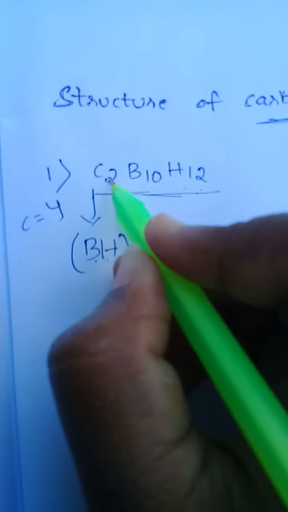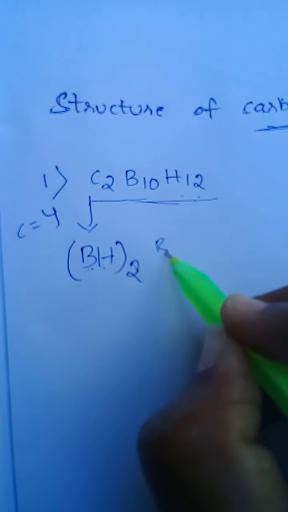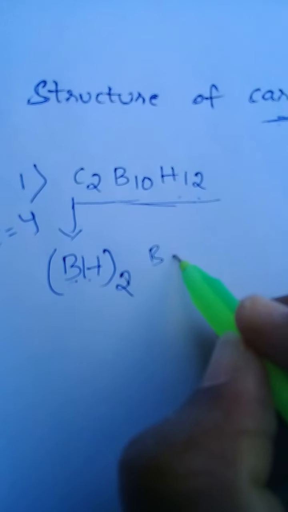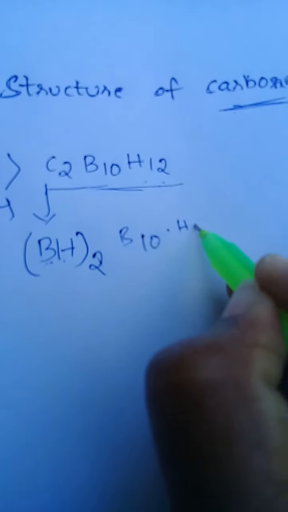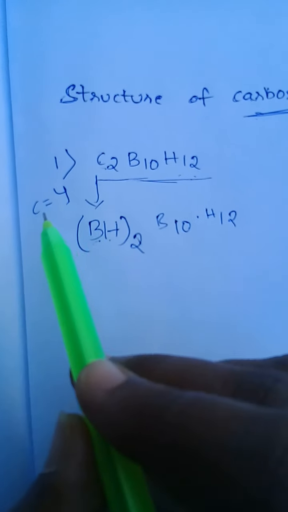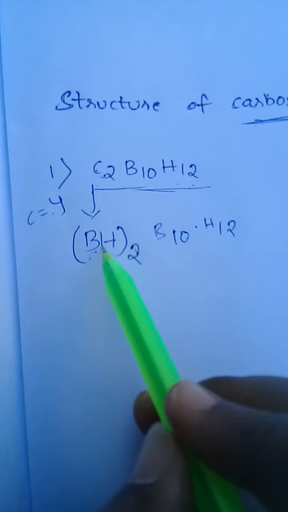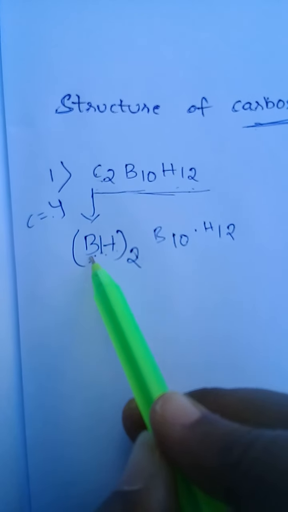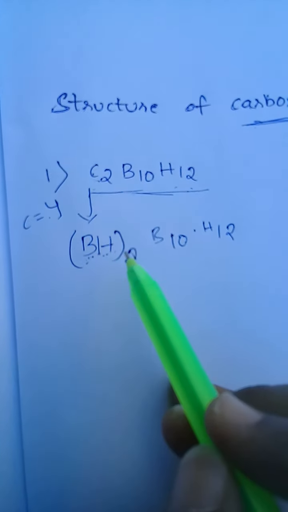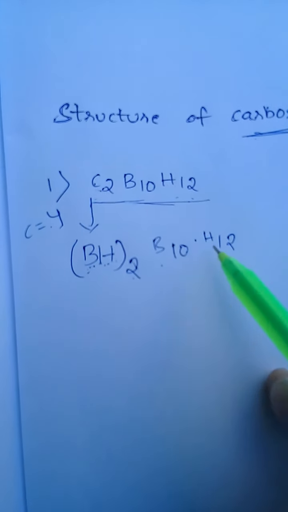Here 2 carbons are present, so BH twice, and as usual we write B10H12.